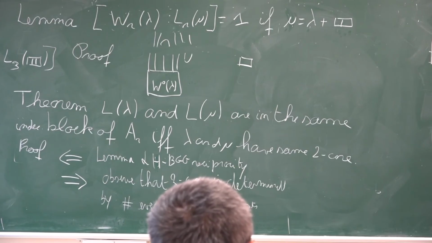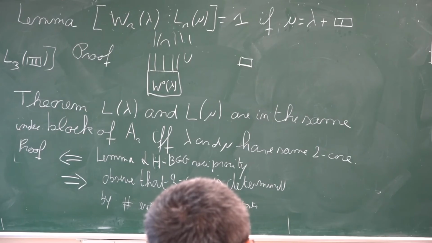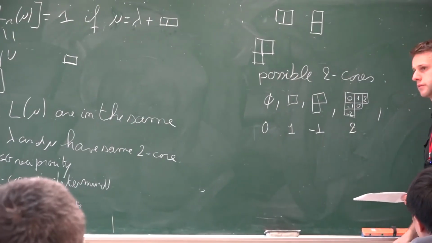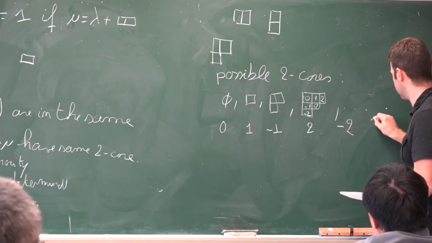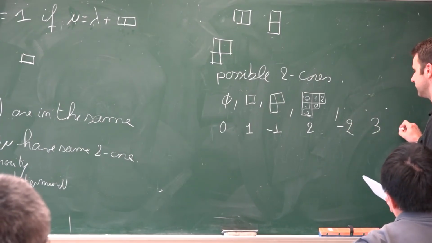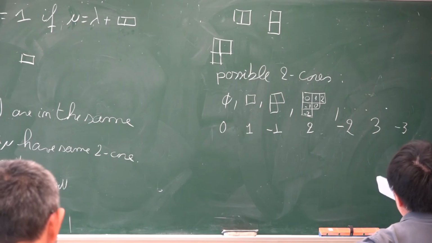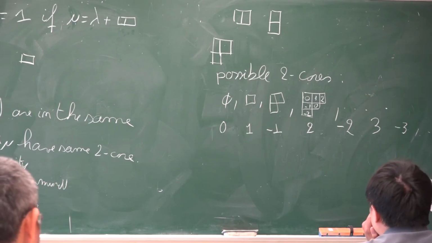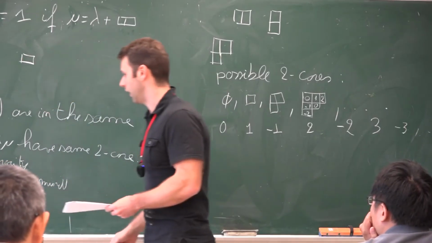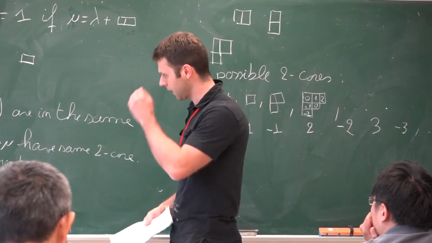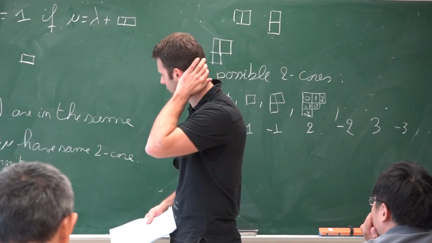So for instance here, we have our even content boxes, 4 of them, and 2 odd ones. So you'll see this goes on. We never get the same value again, etc. So all the 2 cores happen to have a different value for this number.